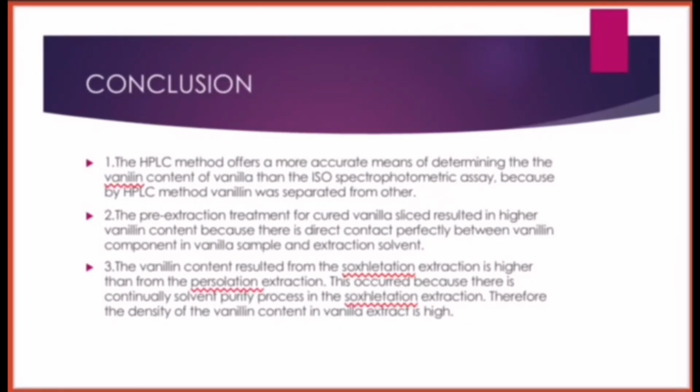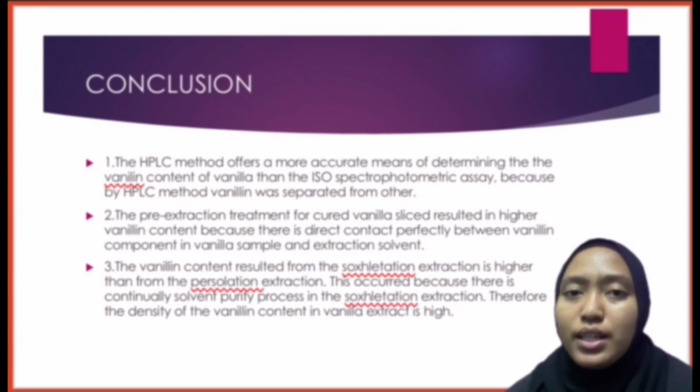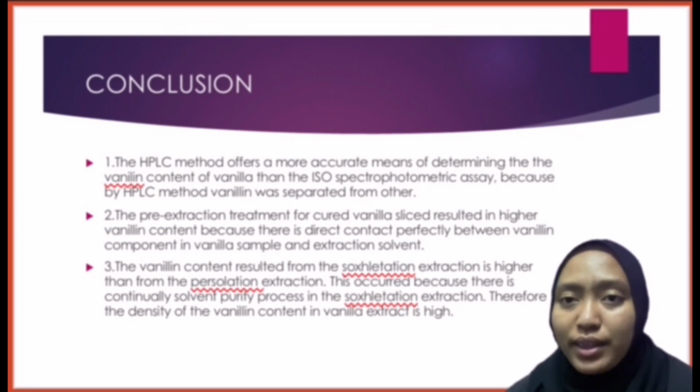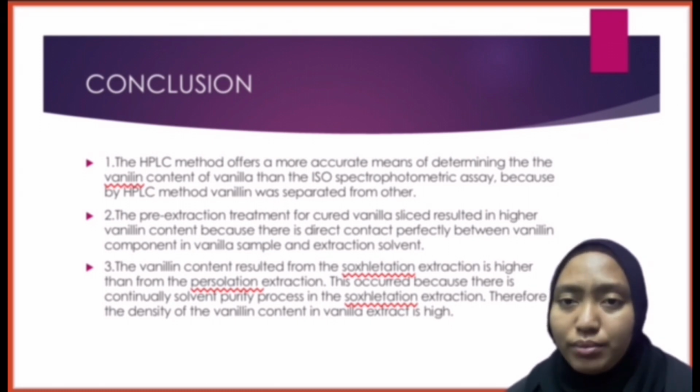So for my part, I will be talking about the conclusion. The HPLC method offers a more accurate means of determining the vanillin content of vanilla than the ISO spectrophotometric assay because by HPLC method, vanillin was separated from others. The pre-extraction treatment for cured vanilla's rise resulted in higher vanillin content because there is direct contact between vanillin component in vanilla sample and extraction solvent.